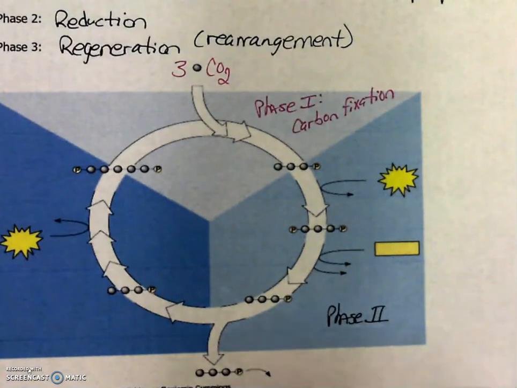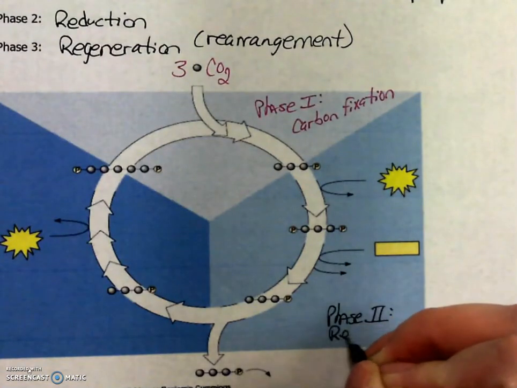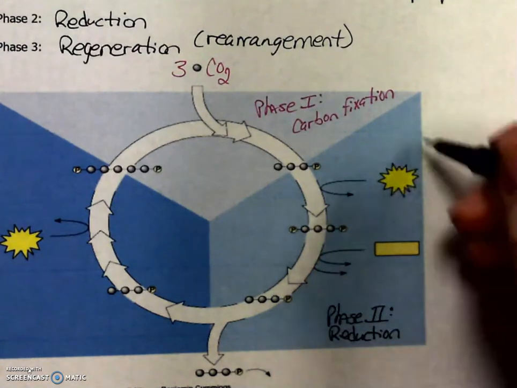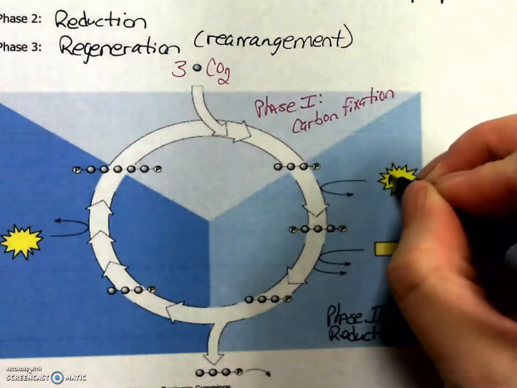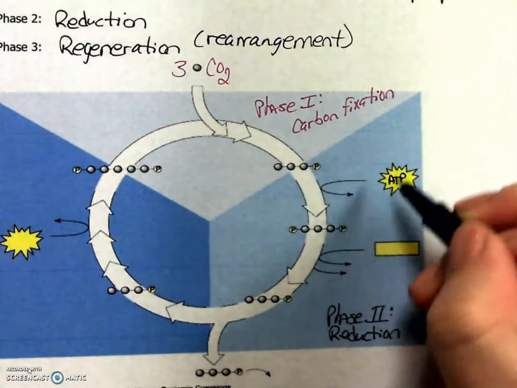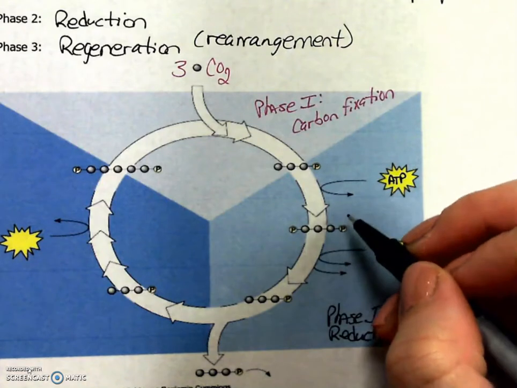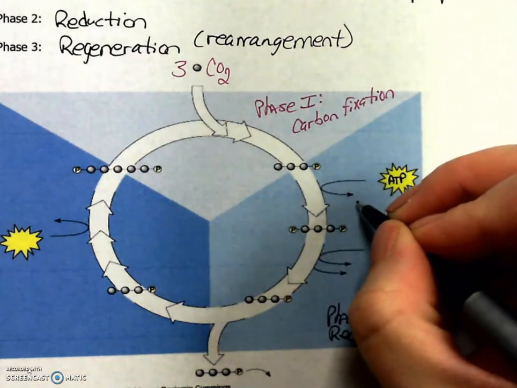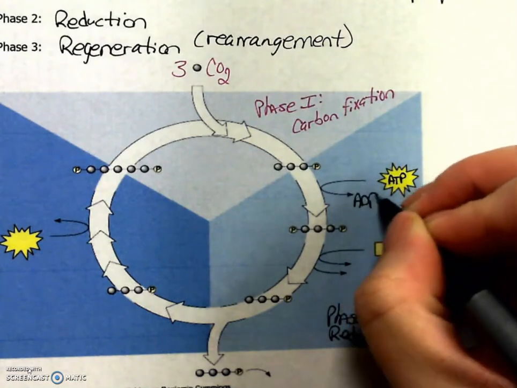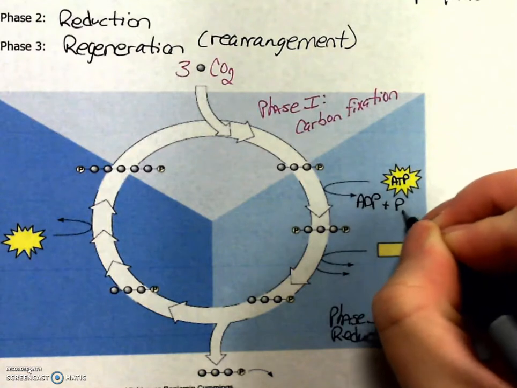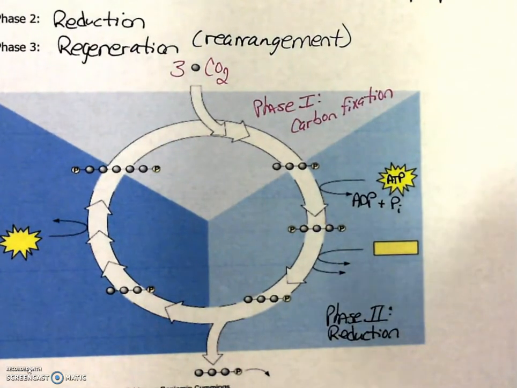Okay, and this is our reduction phase. Notice here's our energy molecule. So here's that ATP coming from the light reaction. It's going to be used in the reduction phase, and that energy is going to be used to make these new molecules, and we're going to end up with our ADP coming out of that, plus that free-floating phosphate that was broken off to give energy to this reaction.